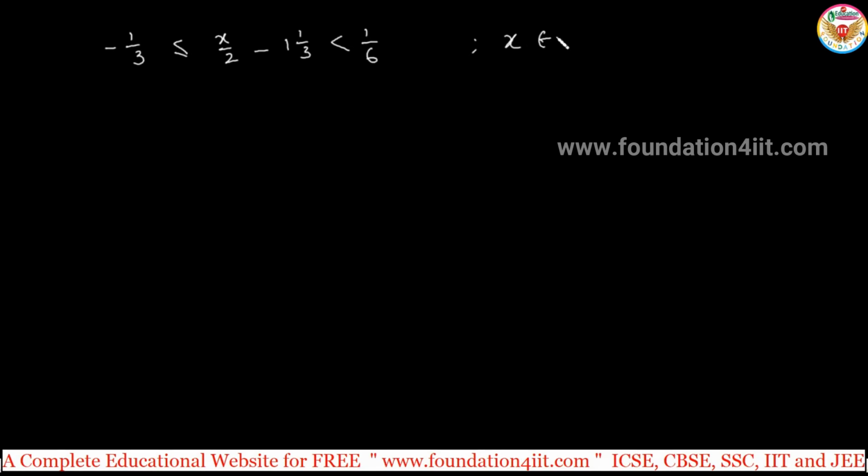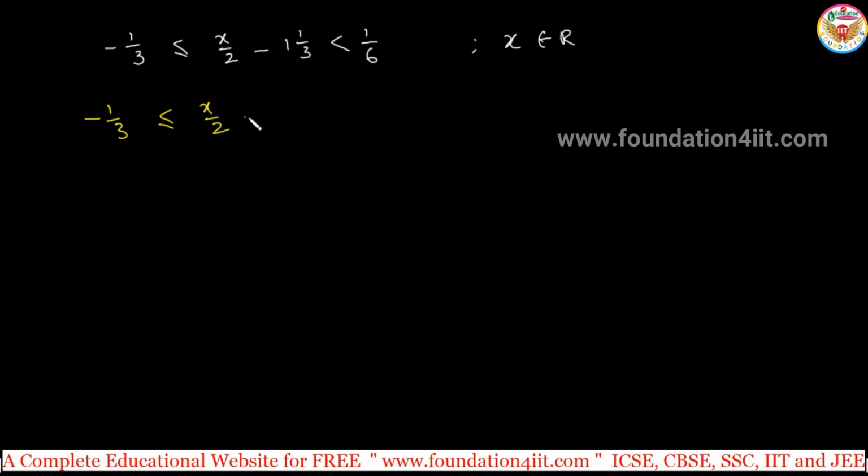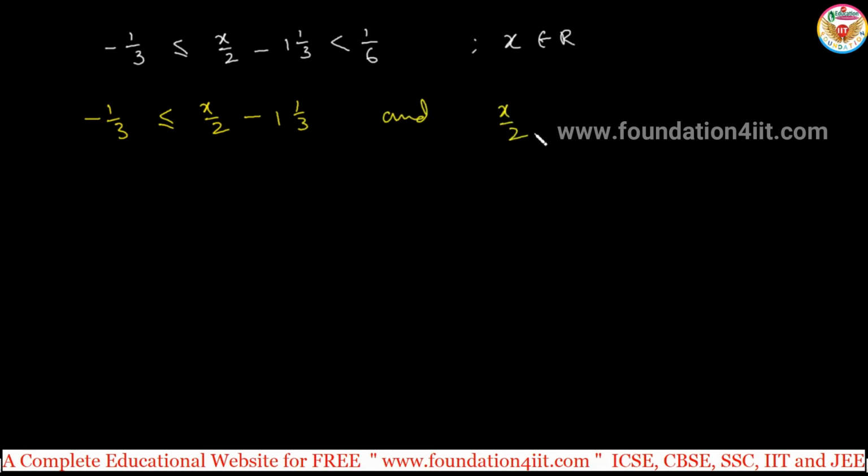Here x belongs to real numbers. For the first two, that means minus 1 by 3 less than or equal to x divided by 2 minus 1 by 3. And the next one, x divided by 2 minus 1 by 3 less than 1 by 6.